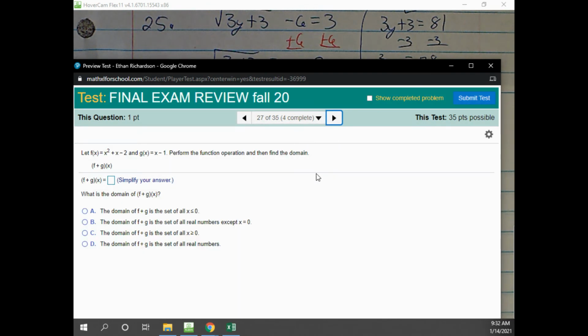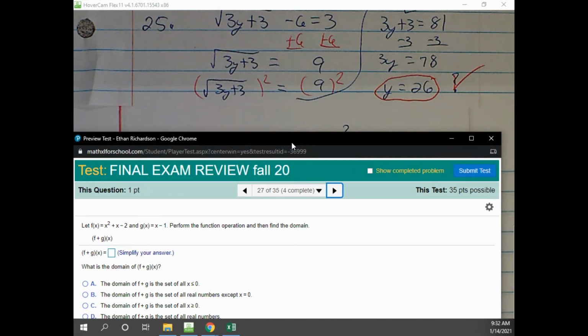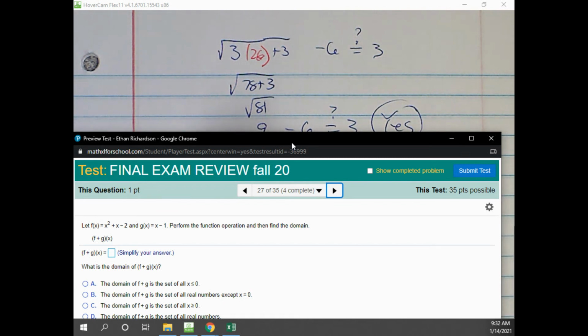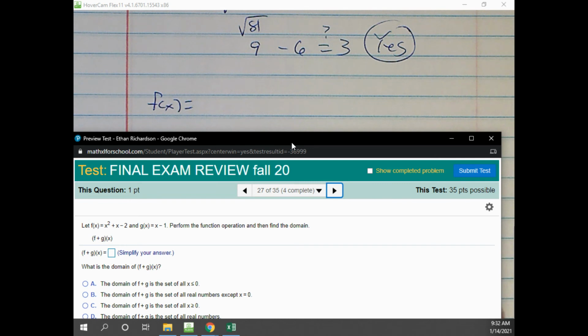All right, 27. It says perform the operation and find the domain. We've got f plus g of x. So all we're going to do is take f of x, which is x squared plus x minus 2, and g of x, which is x minus 1.